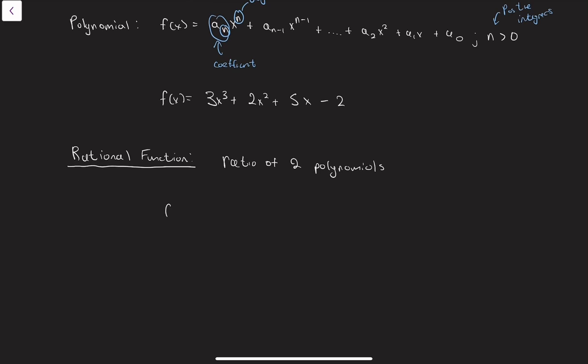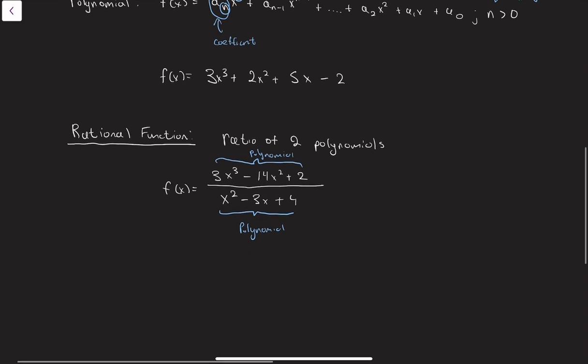We could say f of x is equal to 3x cubed minus 14x squared plus 2, all over x squared minus 3x plus 4. So that's a simple rational function for you. It's just the ratio of two polynomials. Again, this is a polynomial, and this is a polynomial. So very straightforward.